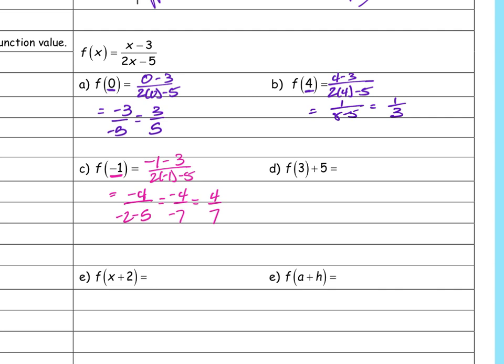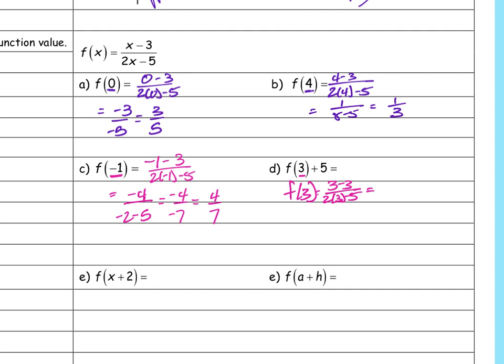Lovely. So the next one's a little different. It says f of 3 plus 5. So what it's going to ask me to do is find f of 3, and then after I get my answer, I'm going to add 5 to it. So I'm going to find f of 3 first, which gives me 3 minus 3 over 2 times 3 minus 5.